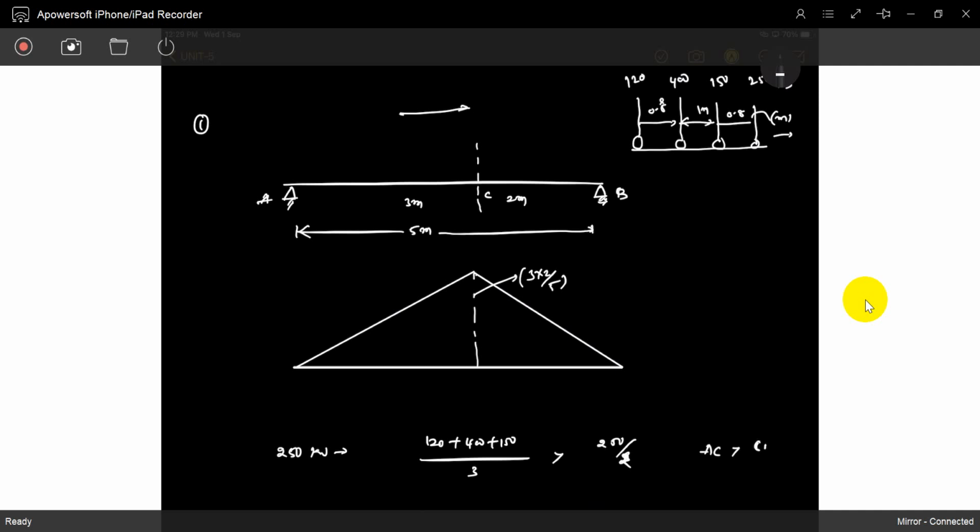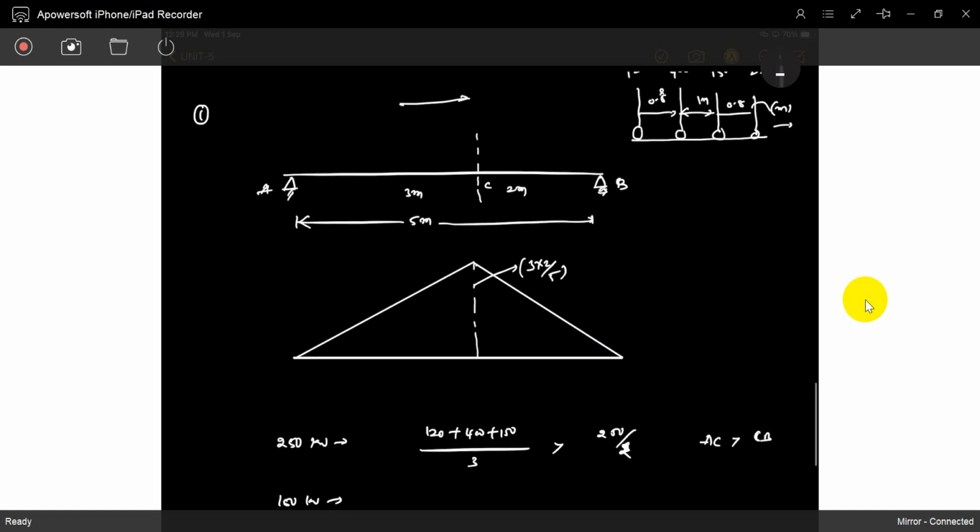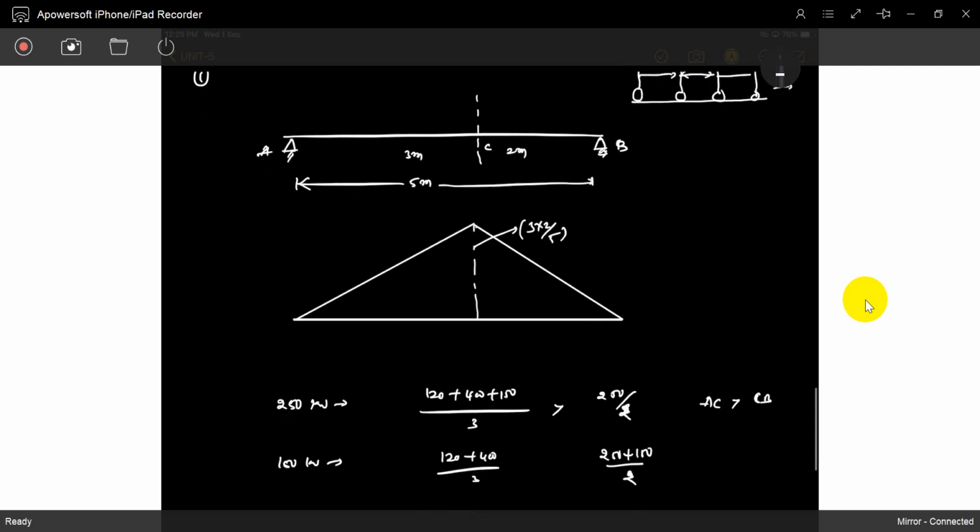So next, again 150 kilonewtons is passing. See, 150 plus 400 by 3, so 250 plus 150 by 3. So which one is higher? This is 520 by 3. It's a 400 by 2. So this is higher.